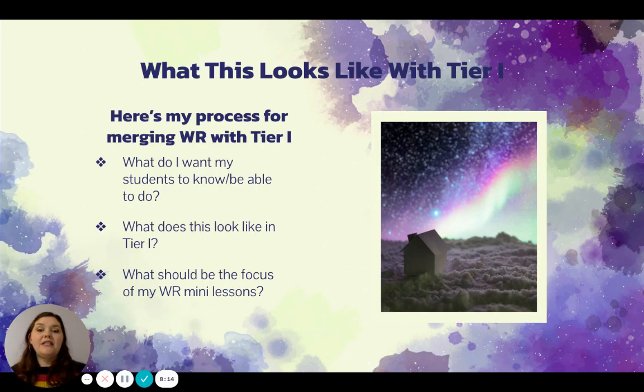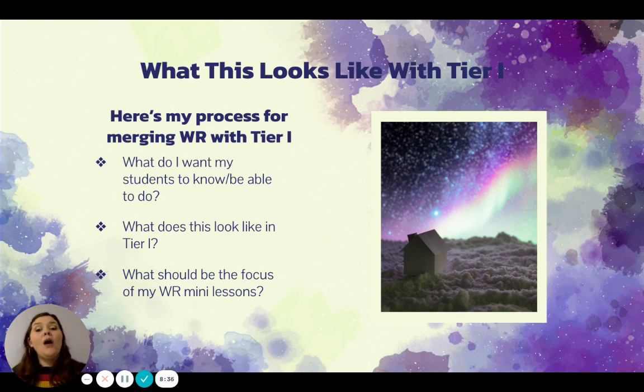So what this looks like with Tier 1. Whenever I'm planning, whenever I'm taking a look at a unit, whether it's guidebooks, Wit and Wisdom, or My Perspectives, I ask these questions as I'm going through planning to see where my work with Writing Revolution is going to fit in.